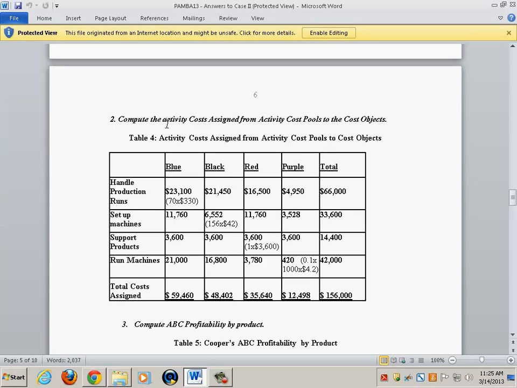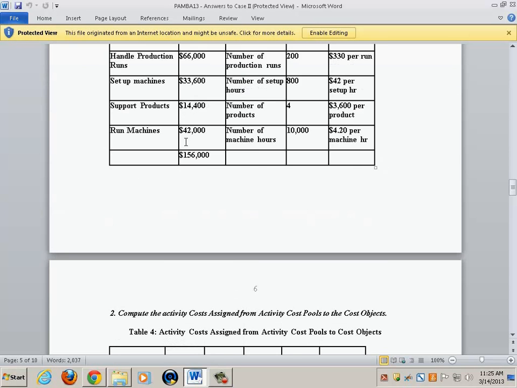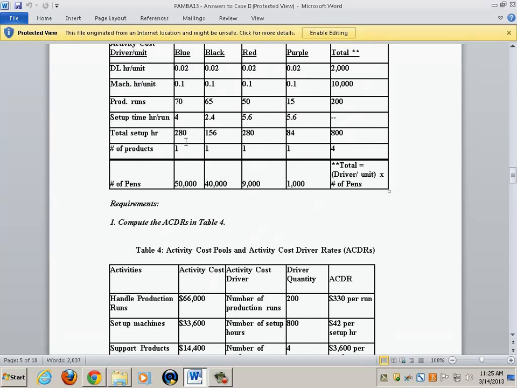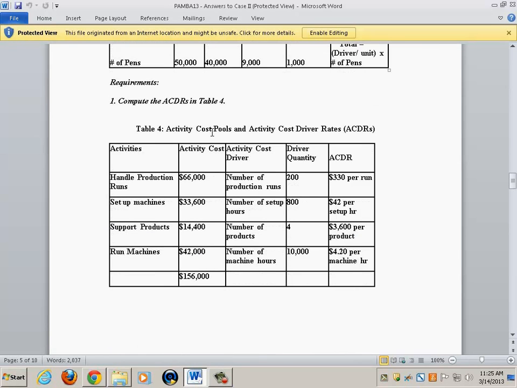We go to the level of the cost driver and we say, first, machines back, how many did we use? 100 for the cost of the AC.